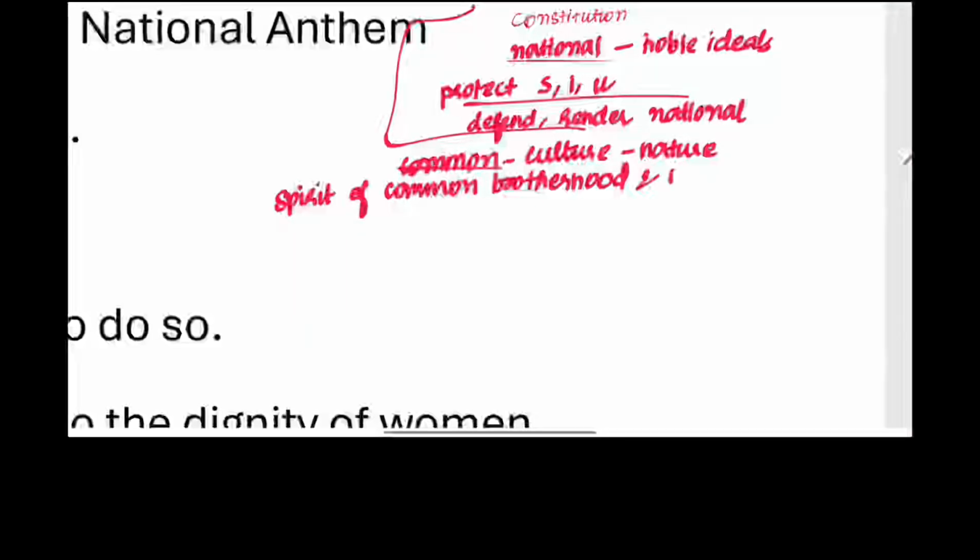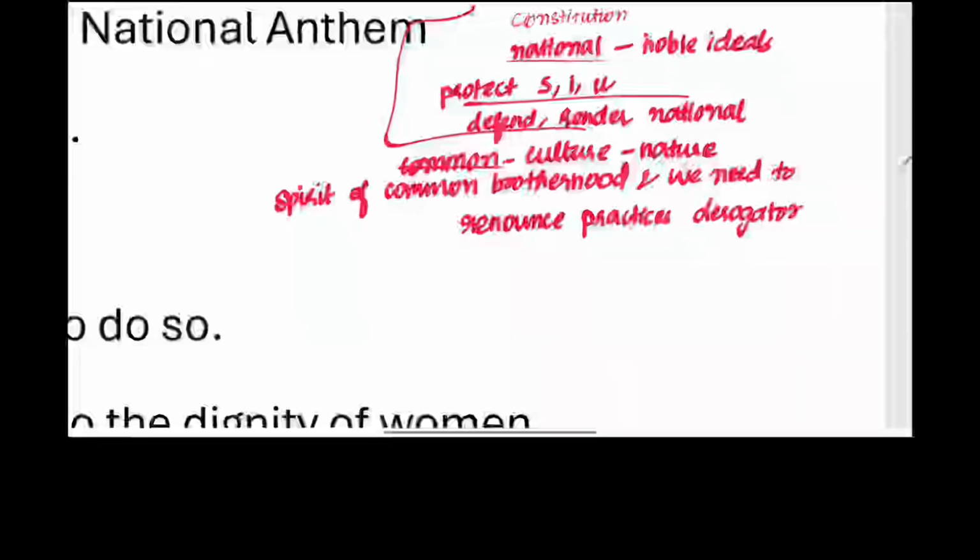And we need to renounce the practices which are derogatory to the dignity of women.